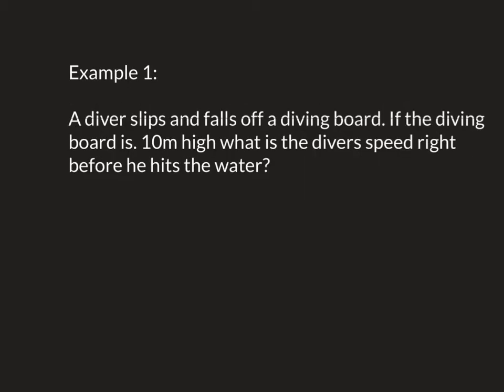A diver slips and falls off of the diving board. If the diving board is 10 meters high, what's the diver's speed right before he hits the water? All right. So that's acceleration due to gravity, 9.8 meters per second squared.